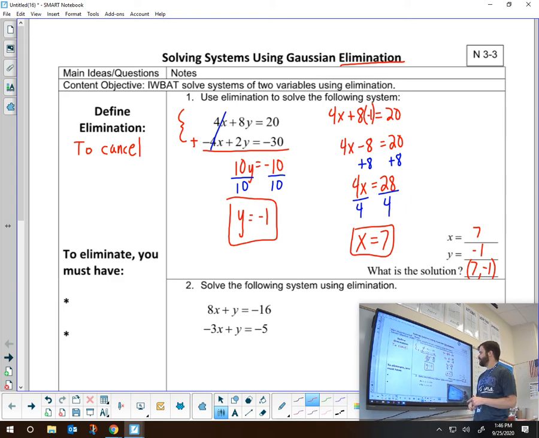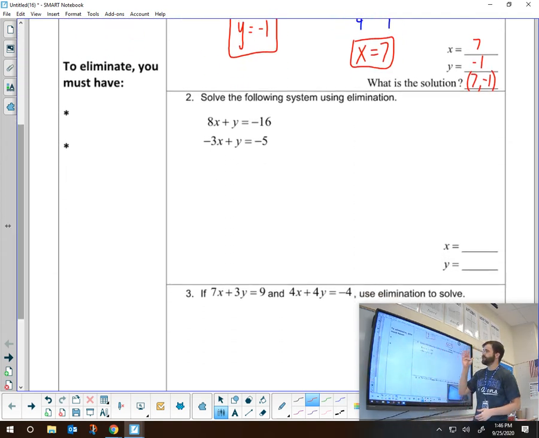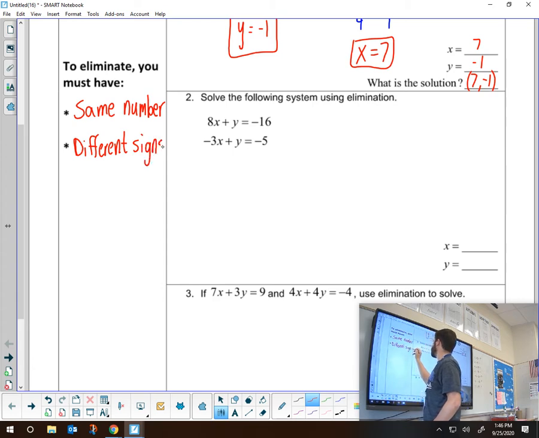All right, so this might have been pretty quick for us, but we're going to dive in even deeper. So let's talk about how we eliminate. What do we do to eliminate? To eliminate, you must have two things, okay? You must have the same number and you must have different signs, okay?